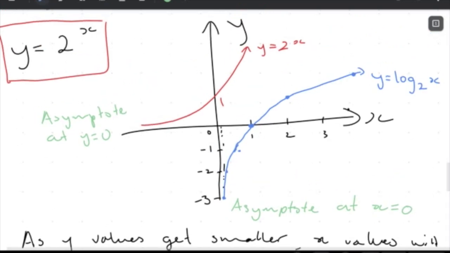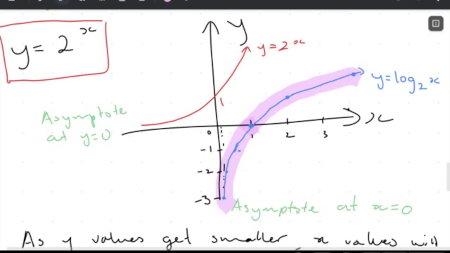So if we look at this, we can kind of see these graphs are sort of opposites to one another. My graph here, my y equals 2 to the power of x, starts off increasing slowly and then it shoots up after this point. Whereas my log graph shoots up to start off with and then it slows down.